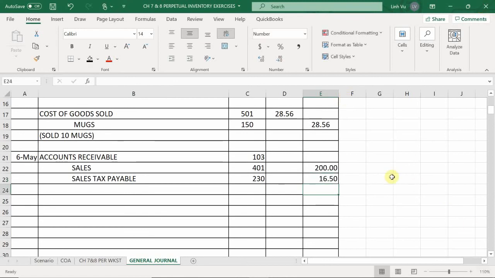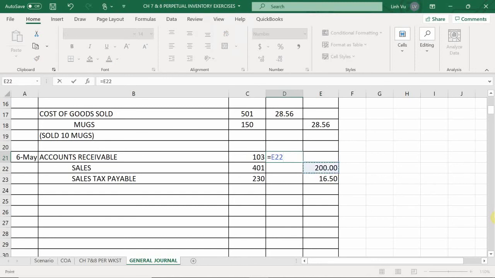So therefore, what is the total amount that this person owes me? $216.50. Okay, good.